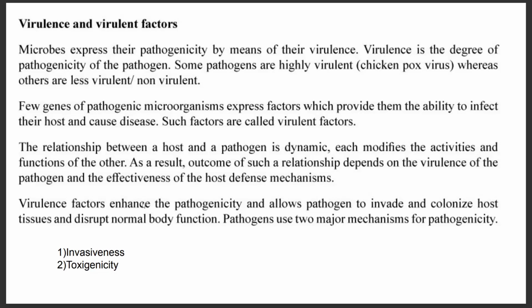Virulent factors enhance the pathogenicity and allow the pathogen to invade and colonize host tissue and disrupt the normal body function, right? Here the pathogens use 2 major mechanisms for pathogenicity, invasiveness and toxigenicity, and we will discuss them in the next slide, right?